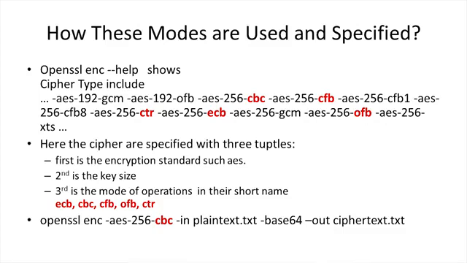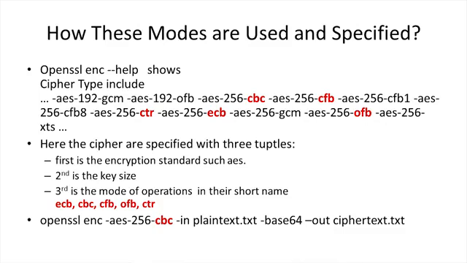For example, AES 256-bit key with cipher block chaining mode is specified as the option aes-256-cbc. CBC is the short name for cipher block chaining mode.